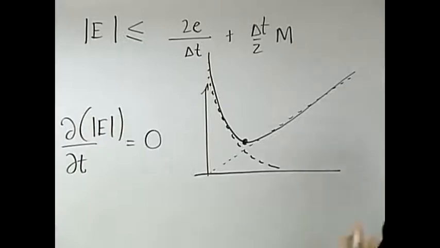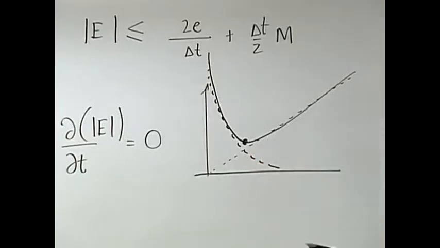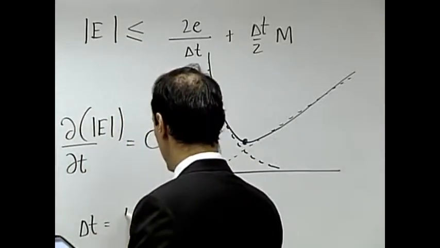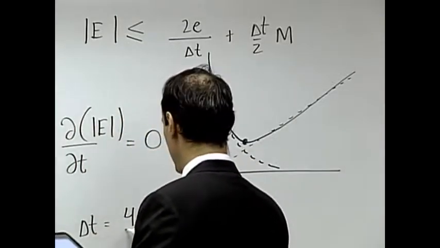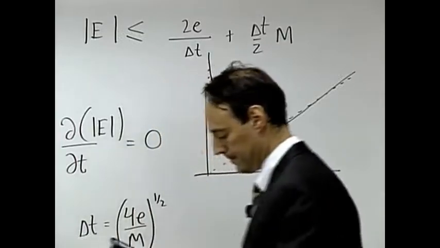You can make as big an error as you want. No upper bound. Okay? It is a lot like life. Right? No upper bound, but there is a minimum error you can make. There it is. You do that, and then you get a formula out that says delta t is equal to 4 times round off over M to the 1/2.